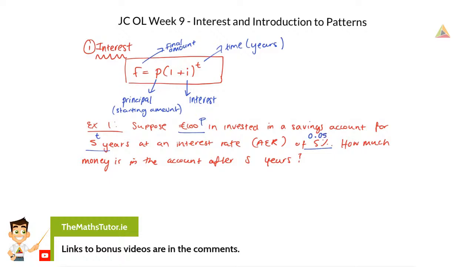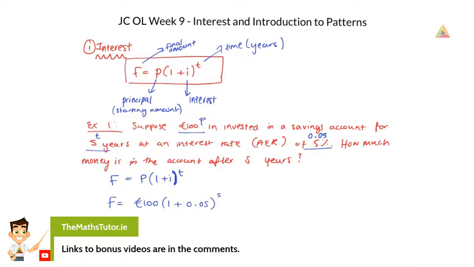So all you have to do is put it into the formula now. F is equal to P(1 + I)^T. F is your final amount, which is what you're looking for. So F is equal to the principal, which is €100, multiplied by 1 plus the interest rate, which is 0.05, to the power of T, so the time is 5 years, so that's the power of 5.